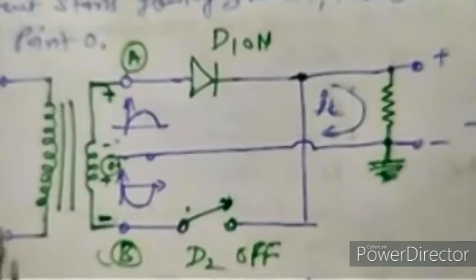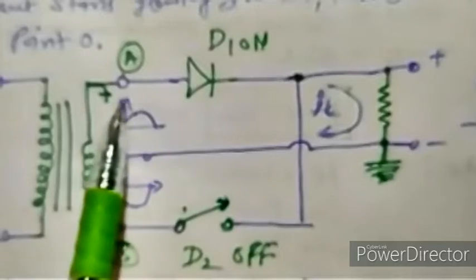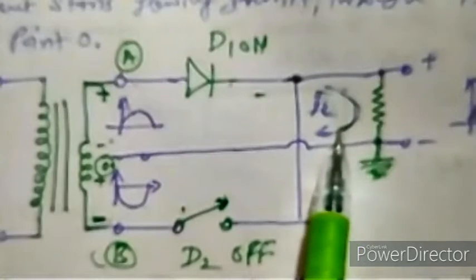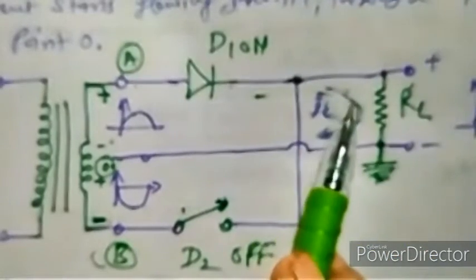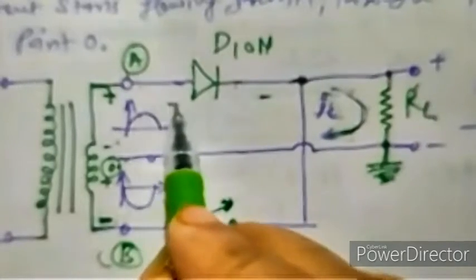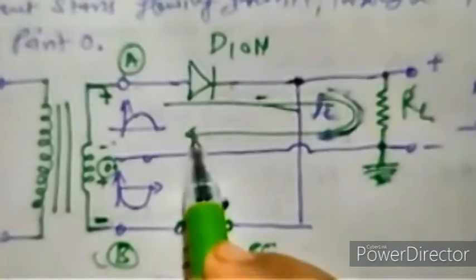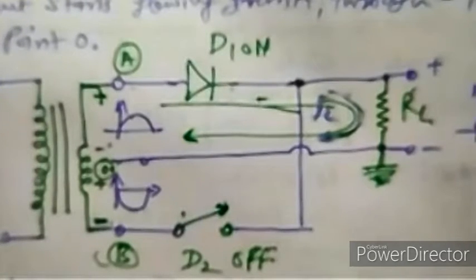The load current starts flowing from A through D1, through the load resistance RL, and back to the point O, in this direction, in the positive half cycle.